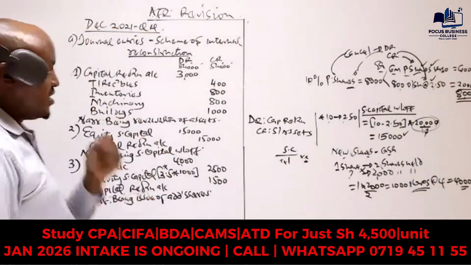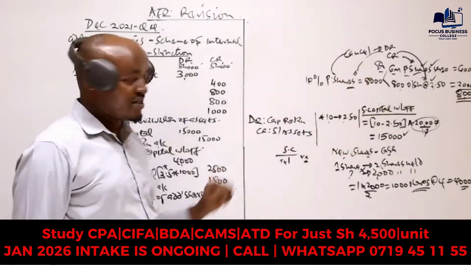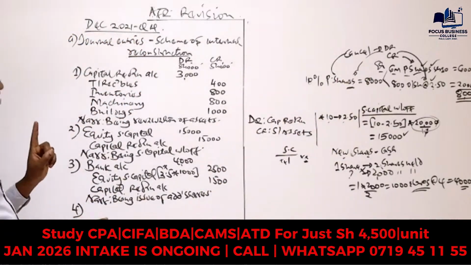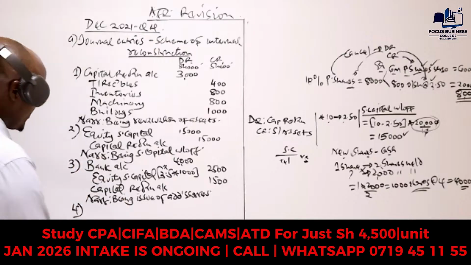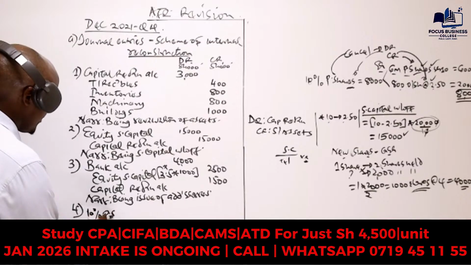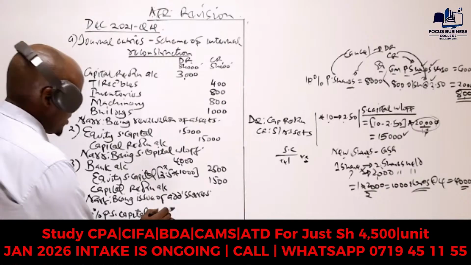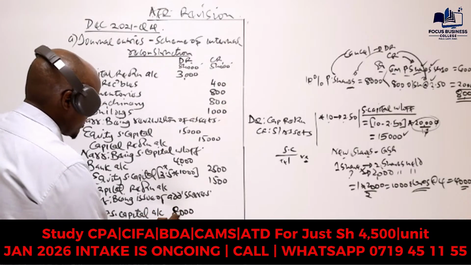So we debit the 10% preference share capital, and then we credit the other accounts. So we are canceling the old shares and accounting for the new shares which were issued. So we debit the 10% preference share capital account with an amount of 8 million, or basically 8,000.